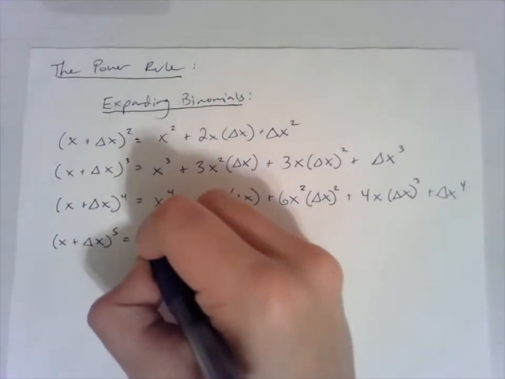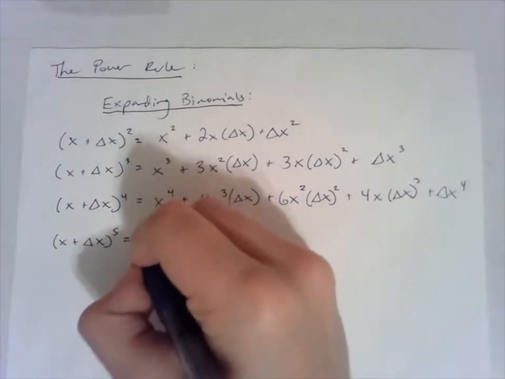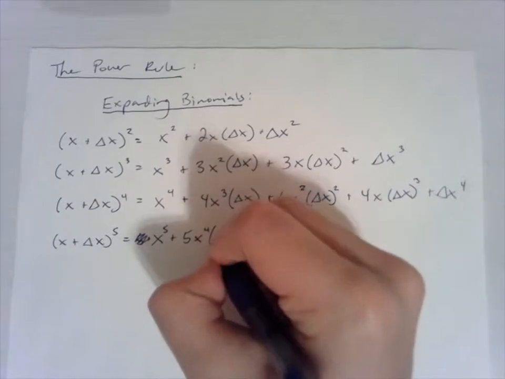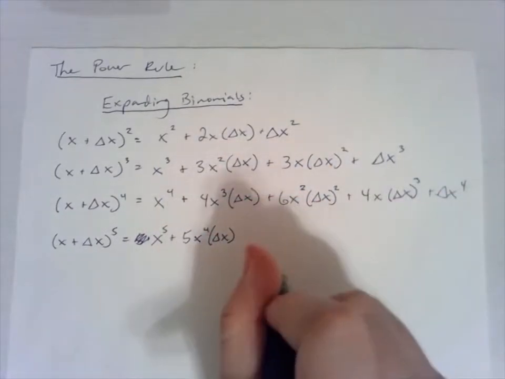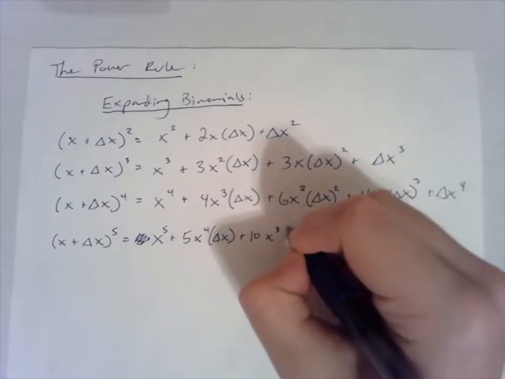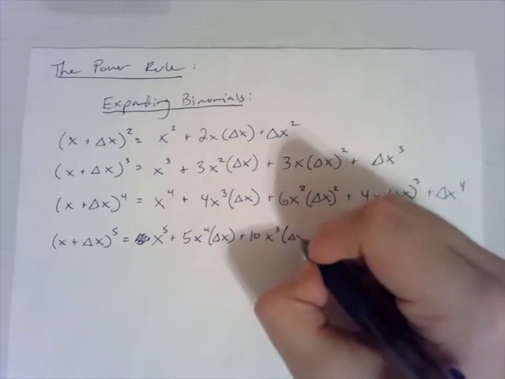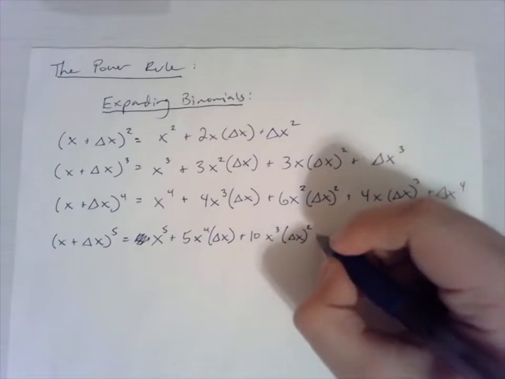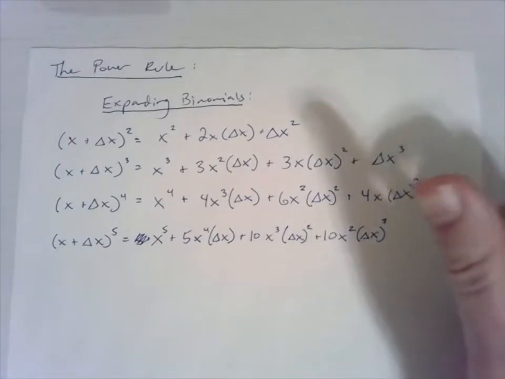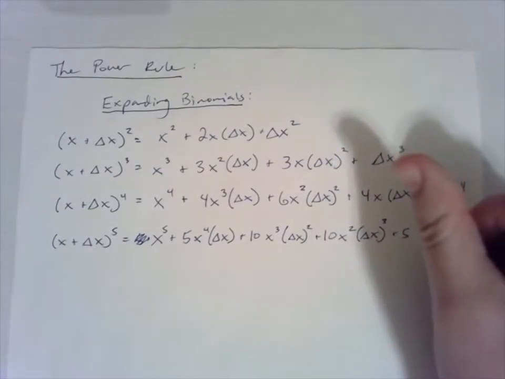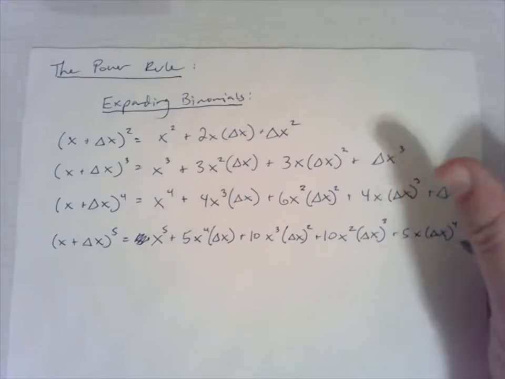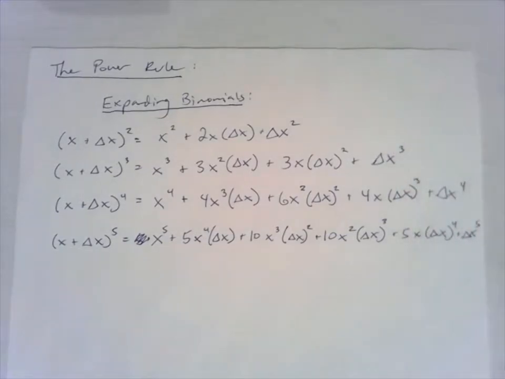First we'd get x to the fifth plus 5x to the fourth times change of x plus 10x cubed times change of x squared plus 10x squared times change of x cubed plus 5x times change of x to the fourth, and then we have plus change of x to the fifth.